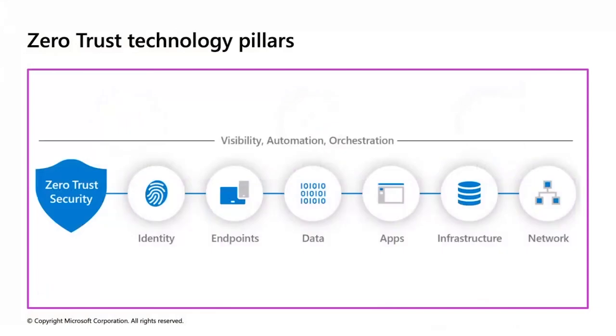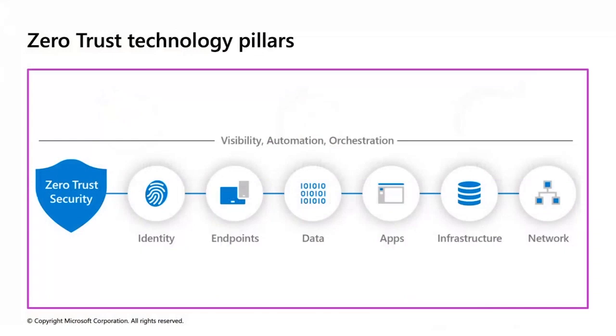So here, zero trust is based on 6 different pillars: identity, endpoint, data, applications, infrastructure, and network security. In cloud, we look into what security approaches we have for these 6 pillars.